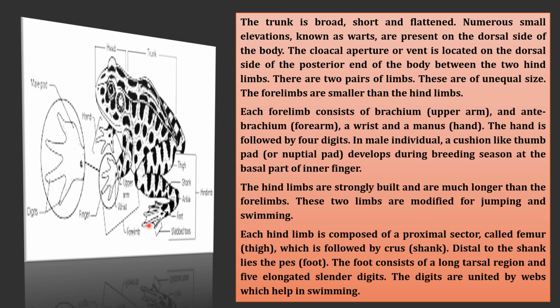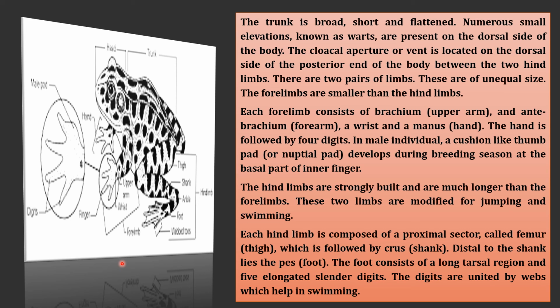What is a web? You can see there is a wave-like structure. Every digit is joined with a thin skin that is called web. One more time I am repeating: every digit of the hind limbs of a toad is connected by a thin membrane-like structure.